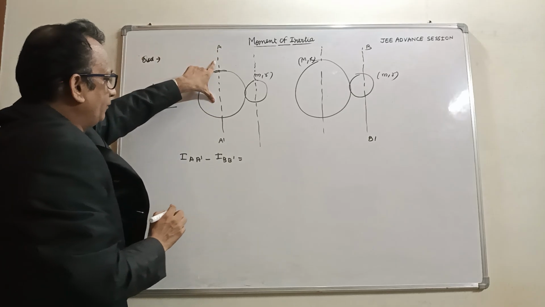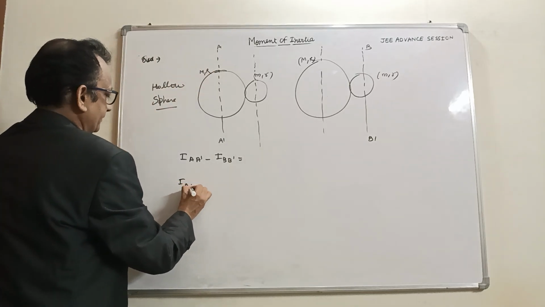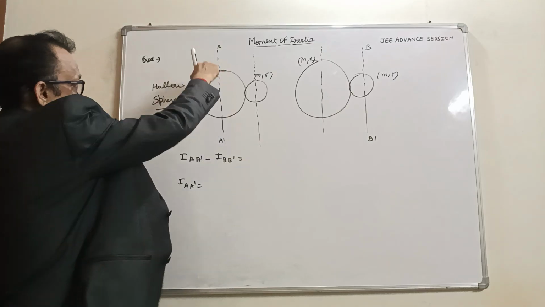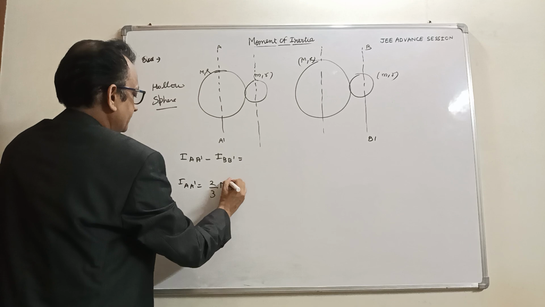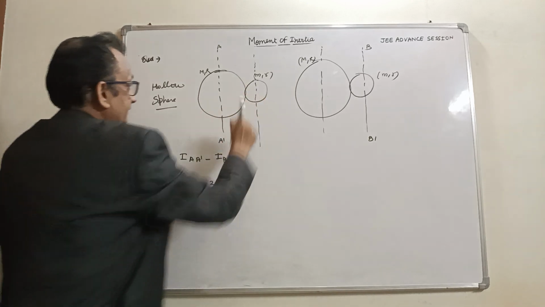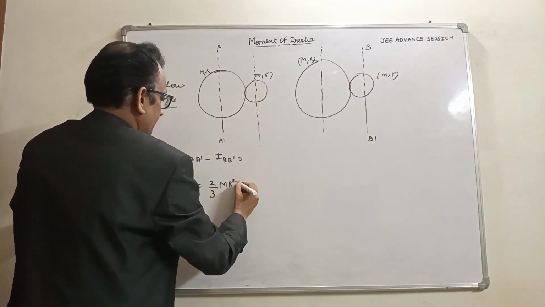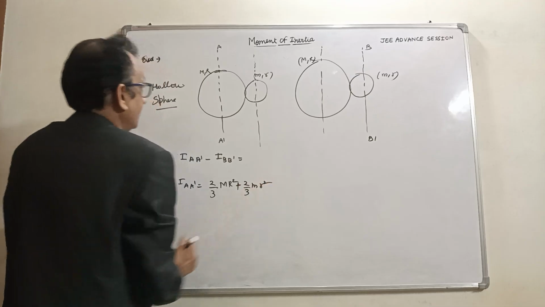So this is I dash, suppose. We write here 2 by 3 M R square, and the moment of inertia of this sphere will be 2 by 3 small m r square.